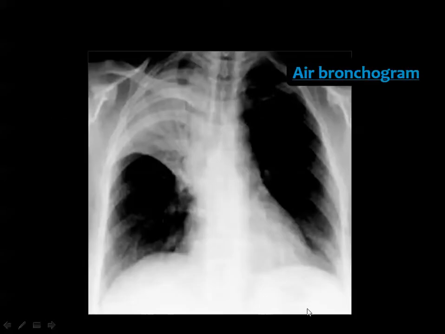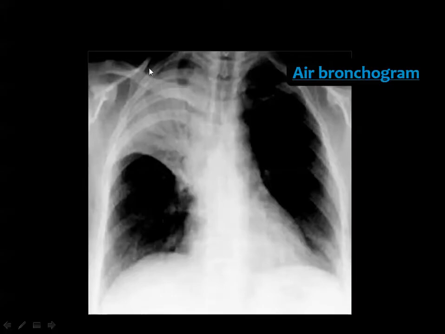The second terminology is known as air bronchogram, and by air bronchogram we mean that there is an opacity in the lung through which multiple linear air translucences are seen, representing air-filled bronchi.